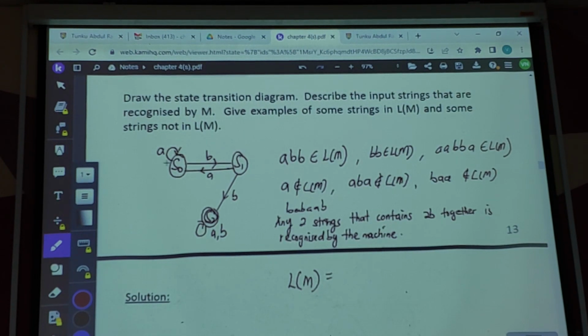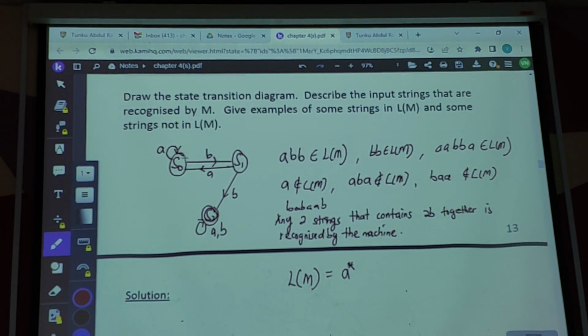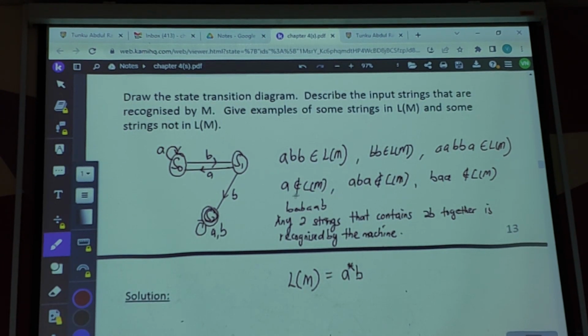The string here, A must be a loop, right? So we have A as a string and go to the B here. Then what happens at S1? Can it go back or not?